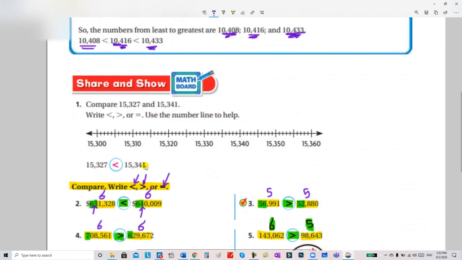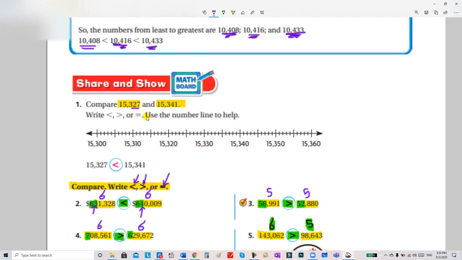The next one, we are going to compare between these two numbers using the number line. Let's represent it first. We have 15,327. Let's write with me. 27 is between what and what?